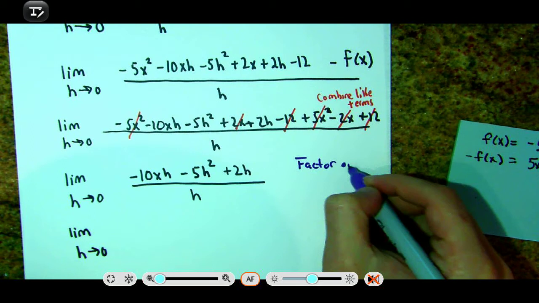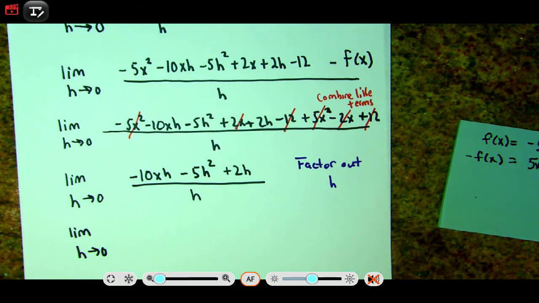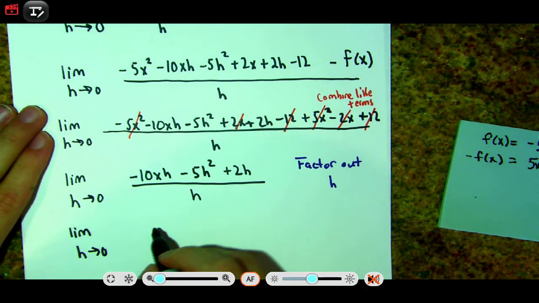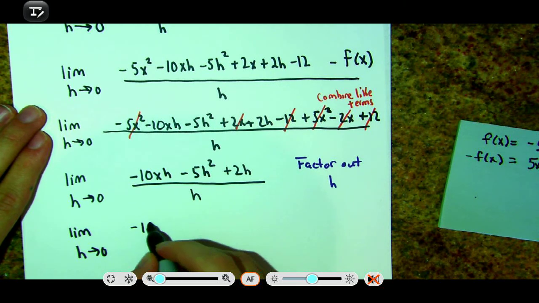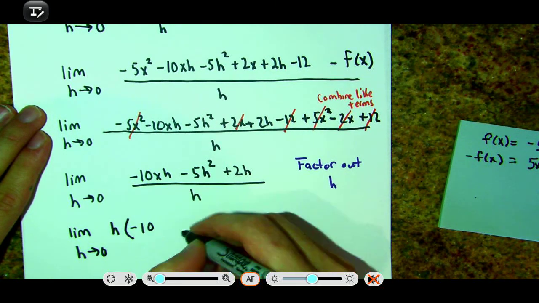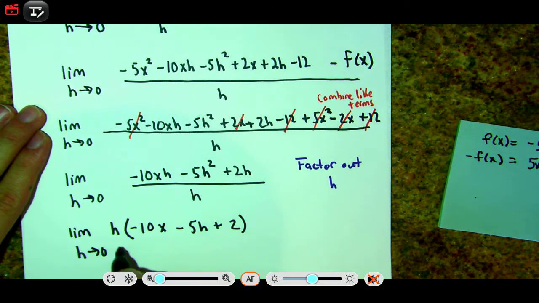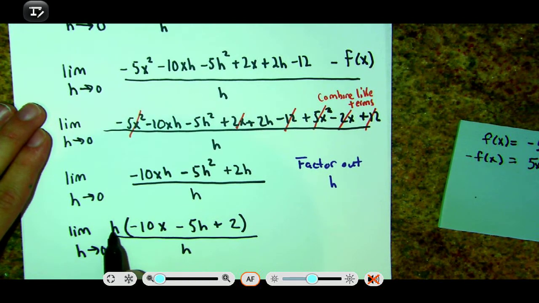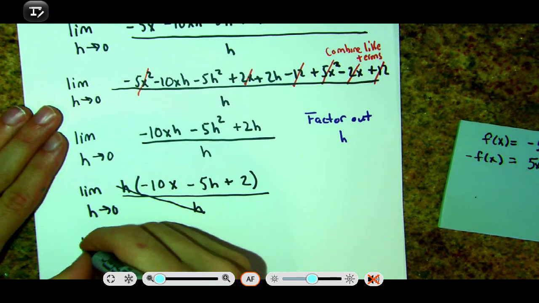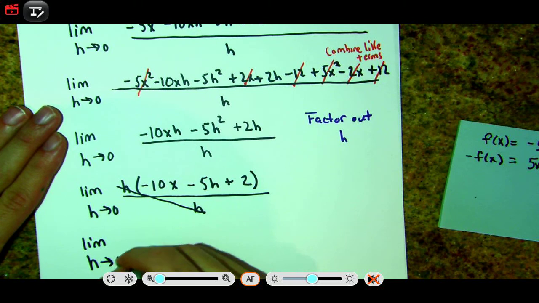So what happens if you factor out h? This becomes h times negative 10x minus 5h plus 2, all over h. Because if I multiply h times this, I get this. But what happens, I can cancel these two out. Now I have the limit as h approaches 0 of negative 10x minus 5h plus 2.